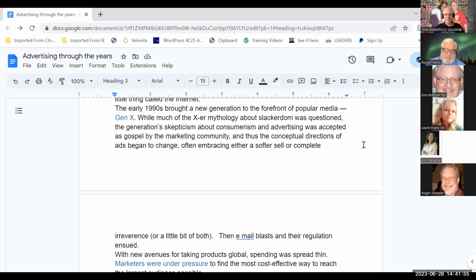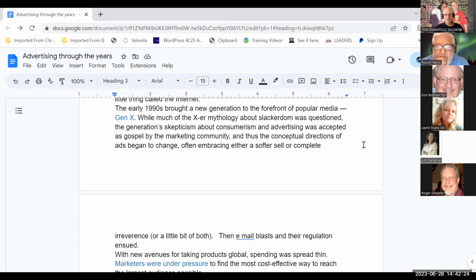The early 1990s brought a new generation to the forefront of popular media. This was Generation X. I don't know what generation we're in today, but they just don't care anymore, it seems like. While much of the Xer mythology was slackers, they always questioned their skepticism and consumerism of advertising, and they accepted most things they saw as gospel by the marketing community.